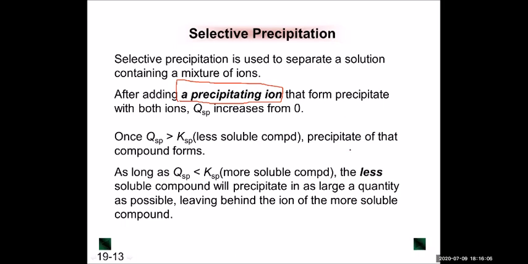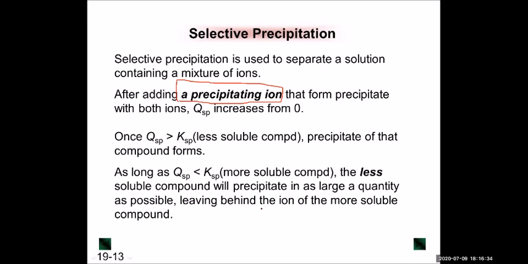So how do we know which ion forms a precipitate first? Basically, we calculate Qsp based on the concentration of the ions and also the concentration of the precipitating ion, the one that causes precipitation. If you find the Qsp larger than the smallest Ksp, then that will precipitate first.